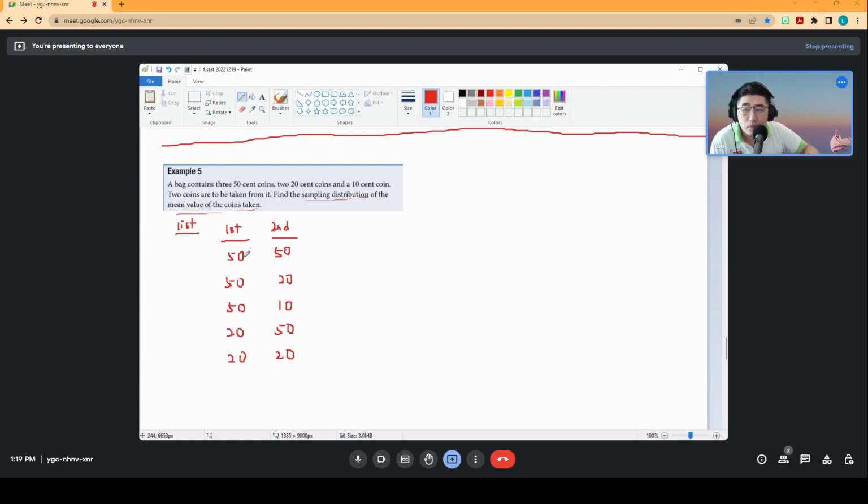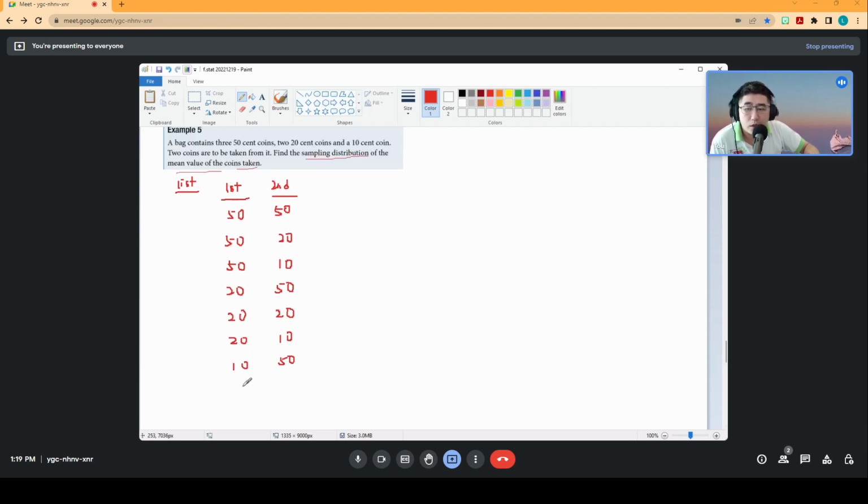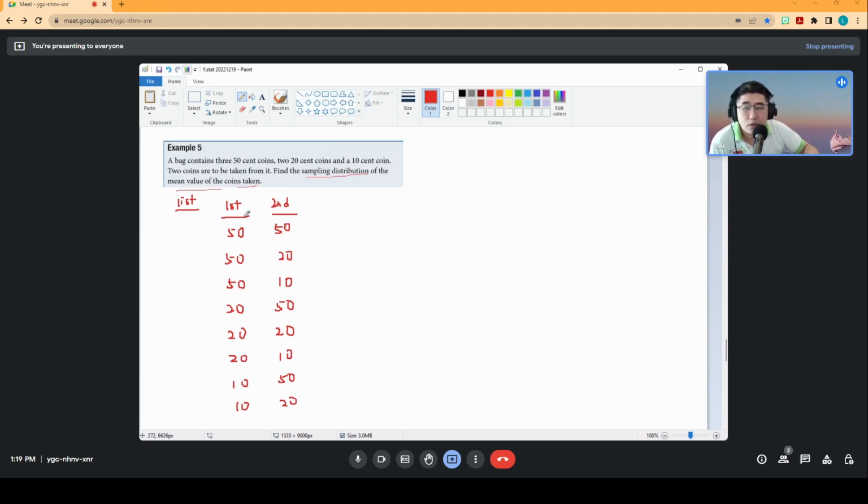Then 20 with 10. So you may have 10 with 50. You can have 10 with 20, but you cannot have 10 with 10 because you only have one 10 cent. Since this will be the possible list that you have, what will be its average?